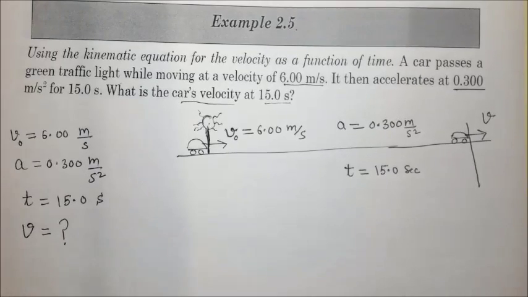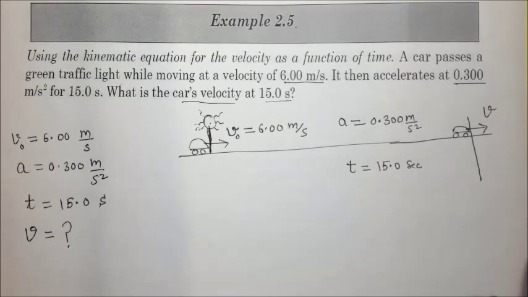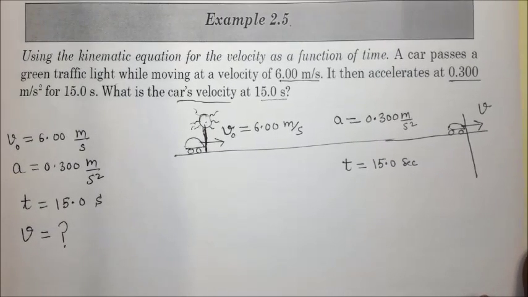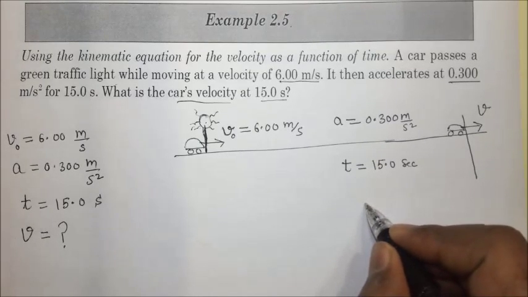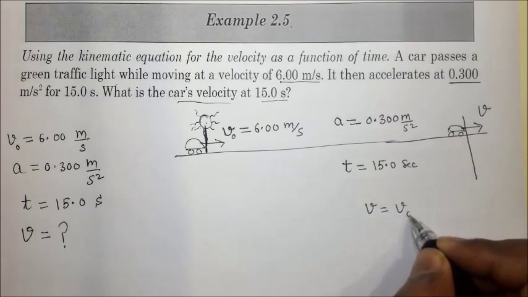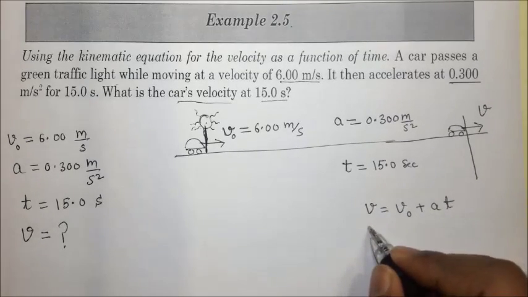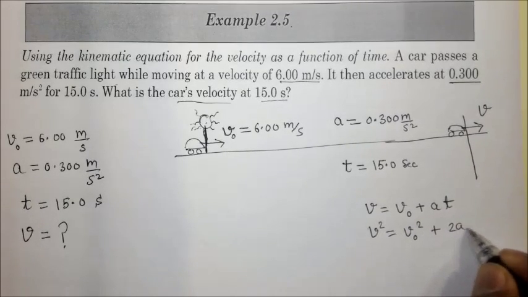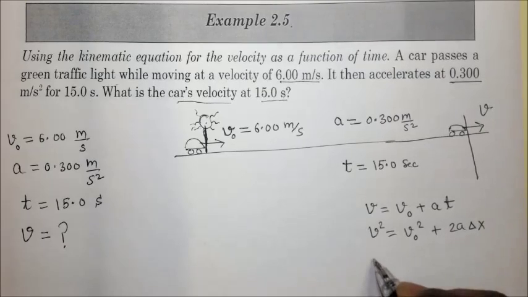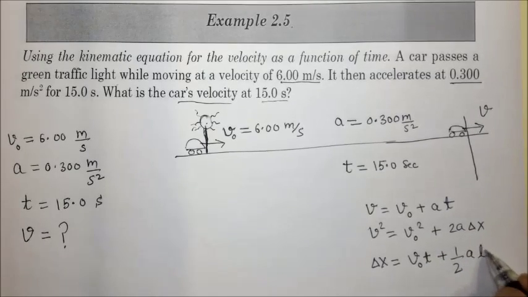What is V final? You remember earlier I described the kinematic equations of motion. V final is equal to V initial plus AT. V final square is equal to V initial square plus 2A delta x, and delta x is equal to V initial t plus 1/2 AT square.